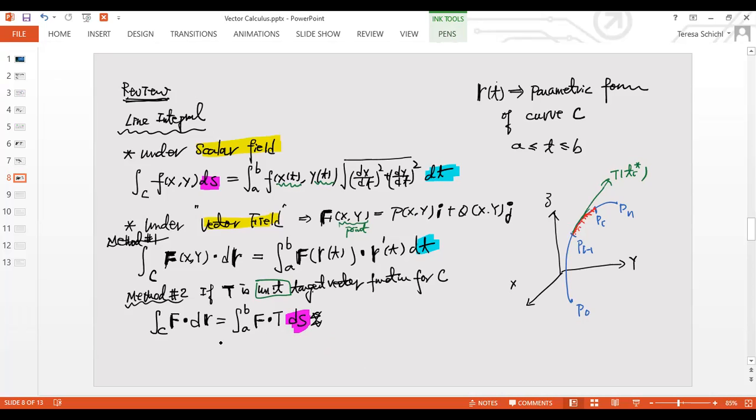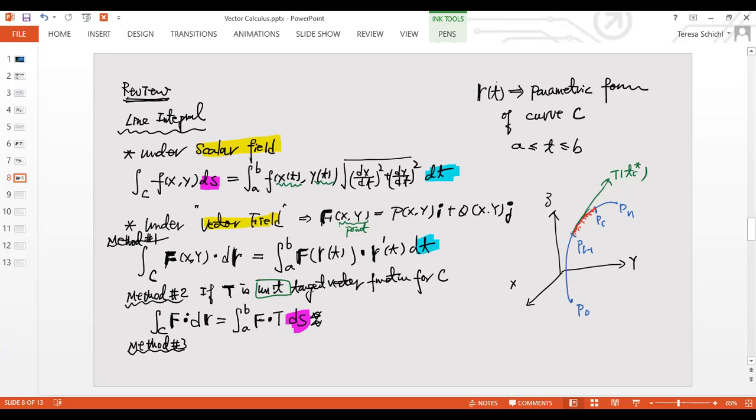The next one is method number 3. In fact, sometimes this method may be the easiest one if you cannot find the parametric form.